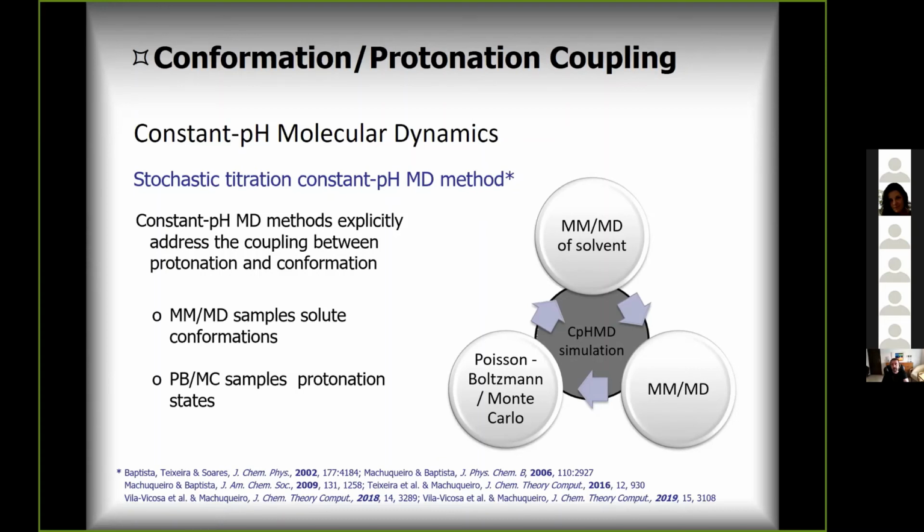And once you get a new protonation state, you go back into the MD, you change the topology. Now it's too technical, you can do it several different ways. You change the topology, and then you continue running your GROMACS simulation.